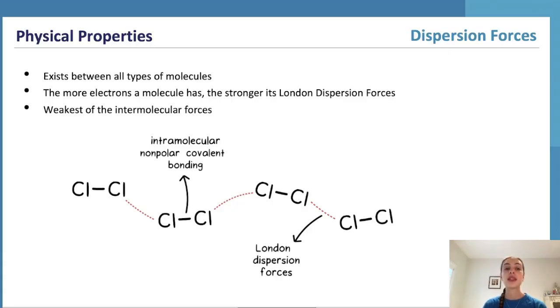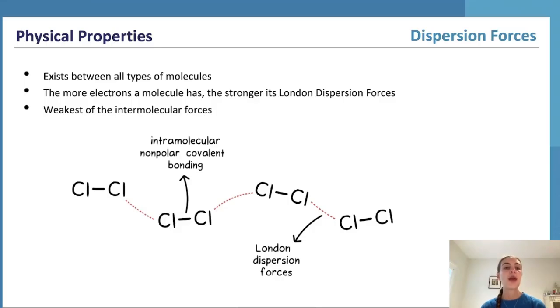So we can look at our dispersion forces first. And so this is a bit of a recap from grade 11, so from unit 1 and 2. But basically, just to recap on what you've learnt and as a bit of a reminder, because these are very important, when we discuss dispersion forces, we're talking about the force which exists between all types of molecules. So it's a force which occurs when there's intramolecular non-polar covalent bonding in molecules.